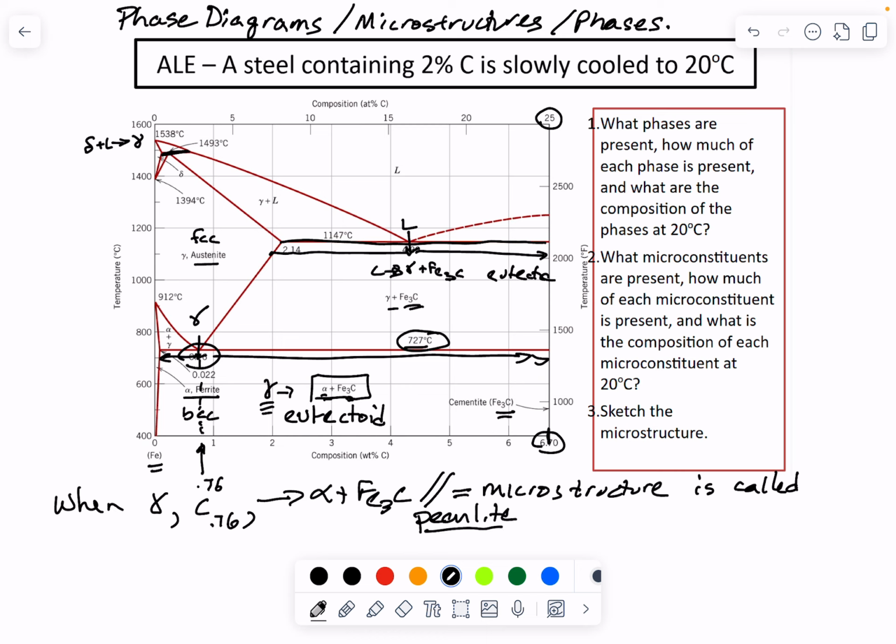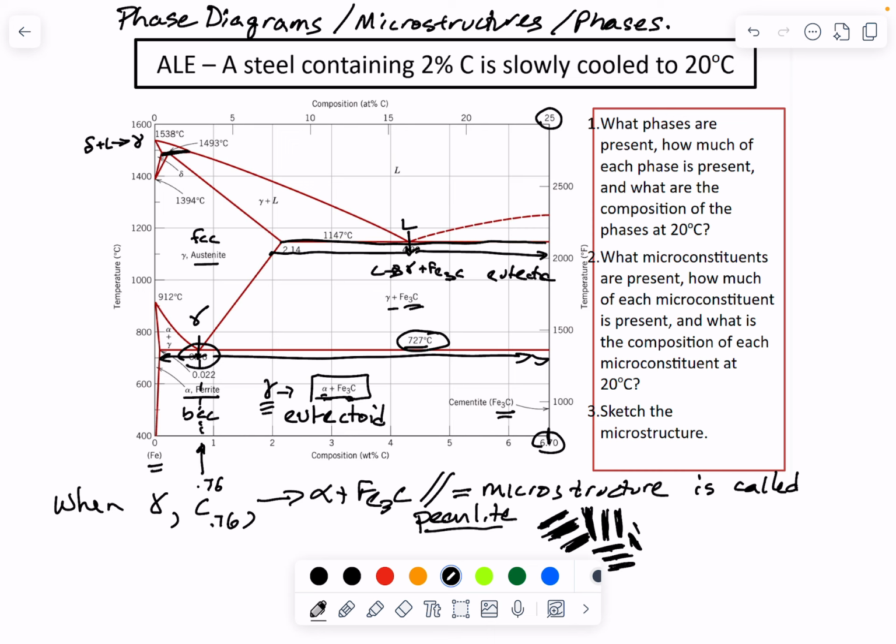Pearlite looks like fine grains of alpha, fine grains of Fe3C, fine grains of alpha, fine grains of Fe3C, fine grains of alpha, and then some more might be going this way, so you end up seeing microstructures that look like they have a bunch of parallel lines in them.